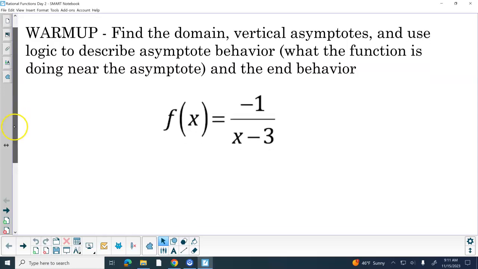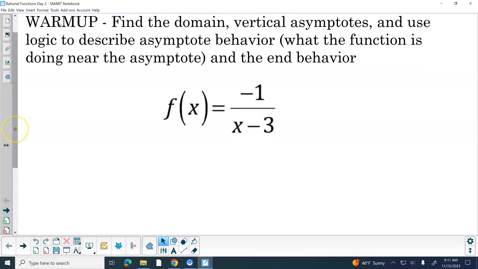So, first thing we gotta do is find the domain. According to my supplemental note sheet, my extra sheet, how do I go about doing step number 1? Set the denominator equal to 0. Okay, so then that would be x minus 3 equals 0.